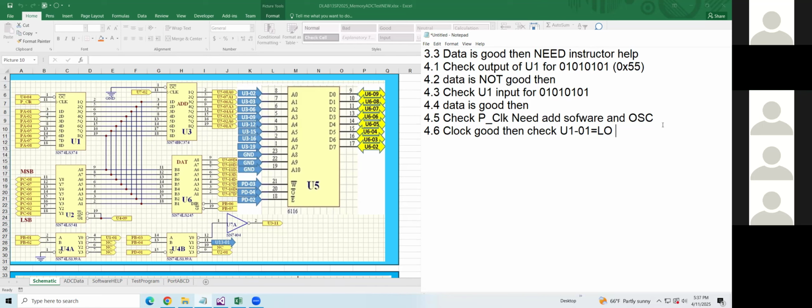Now, either you can see it low or not. If U1 pin 1 is low, then what? Then replace the IC. Perfect.